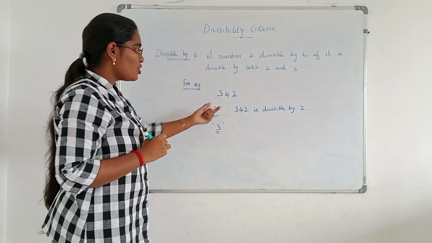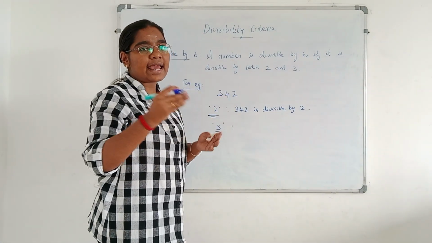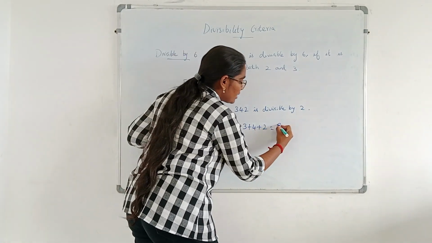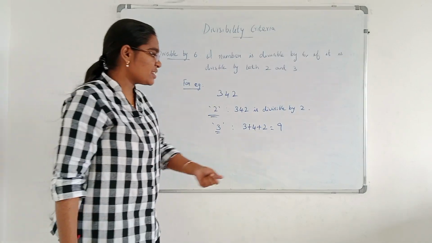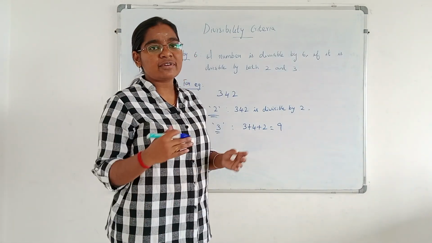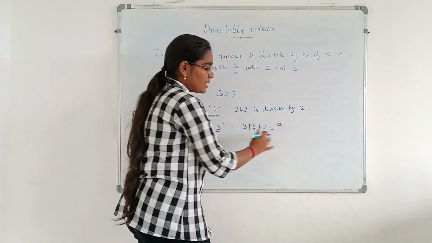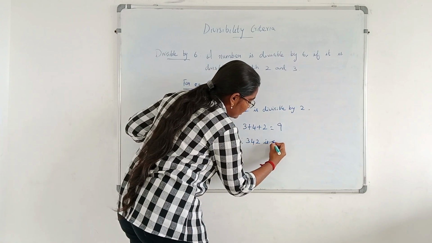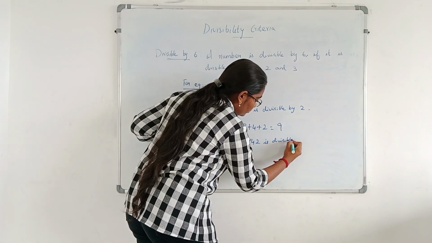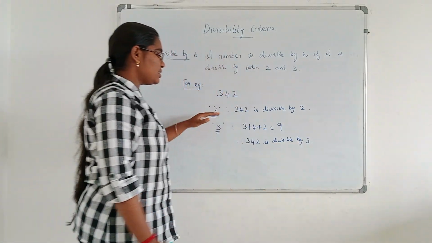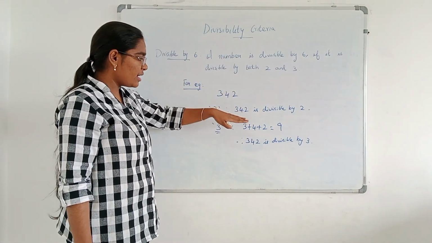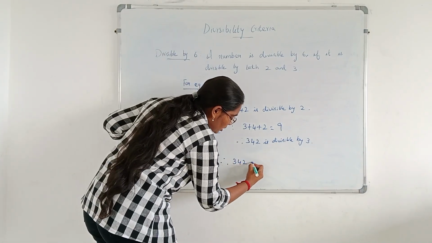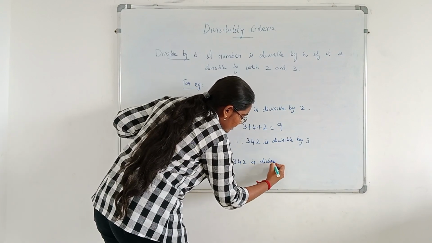For that, add each and every digit: 3 plus 4 plus 2, what will you get? 9. Step 2: check whether this 9 is a multiple of 3. Yes, 9 is a multiple of 3. Therefore, 342 is divisible by 3. So 342 is divisible by both 2 and 3. Therefore, 342 is divisible by 6.